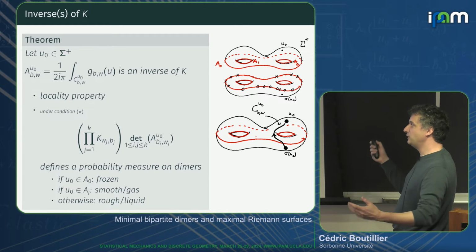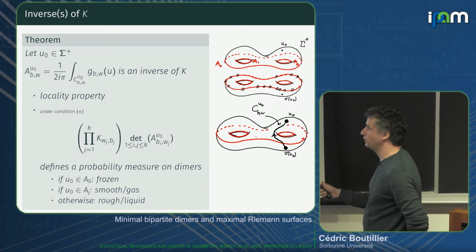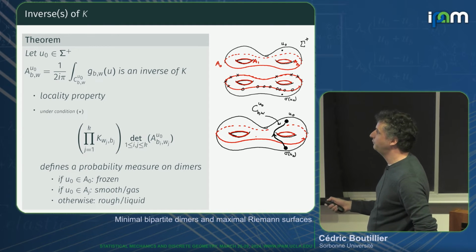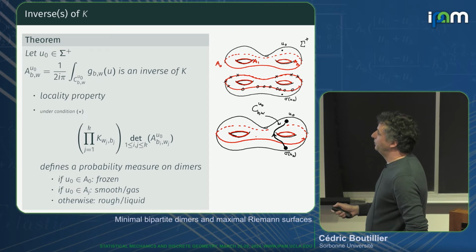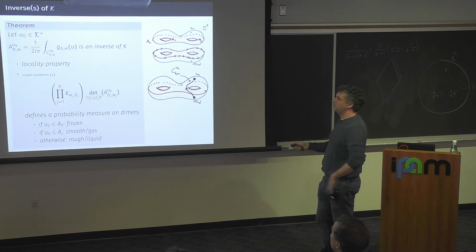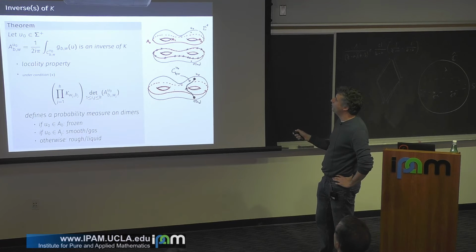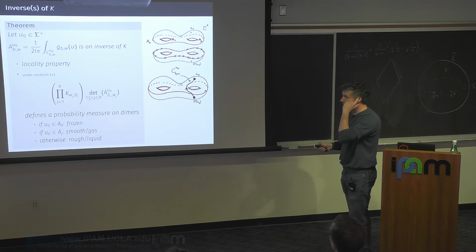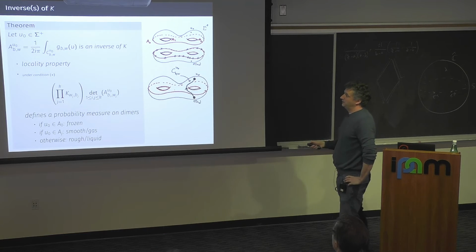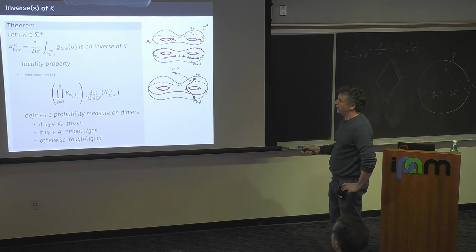So from these ingredients, we were able to construct a family of inverses for this Kasteleyn operator as follows. I define an infinite matrix whose rows are indexed by the black vertices and columns by white vertices. They depend on some parameter u0, which lives on the upper half of my surface sigma. How is it defined?